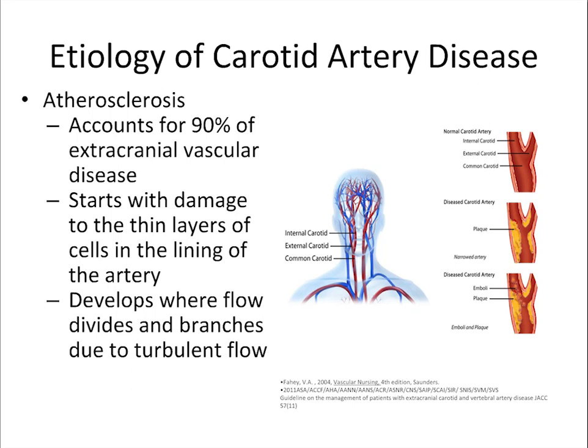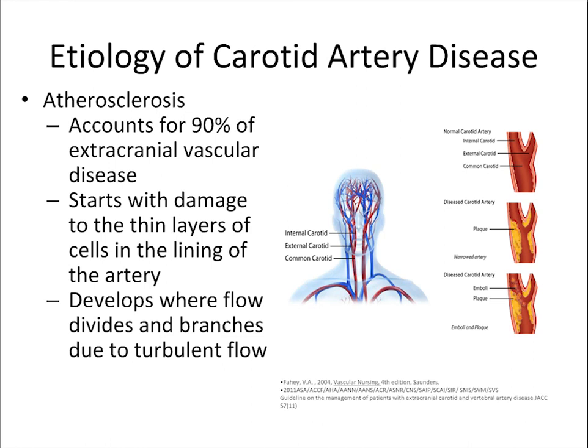Atherosclerotic plaque occurs at places where flow divides and branches due to turbulent flow. Therefore, the bifurcation of the common carotid artery into the internal and external carotid arteries is a common site of plaque formation. Identification of individuals with carotid disease can help identify people at higher risk for stroke.